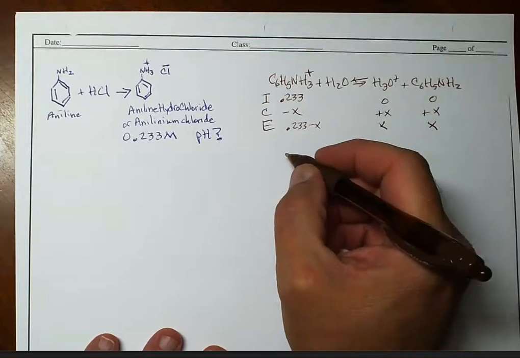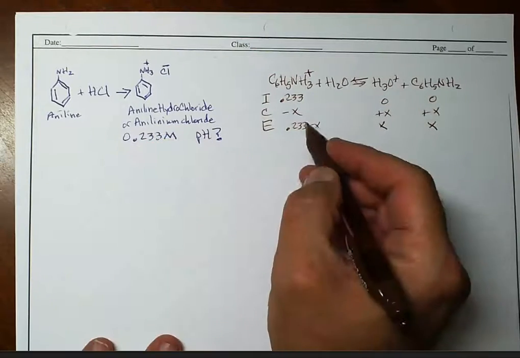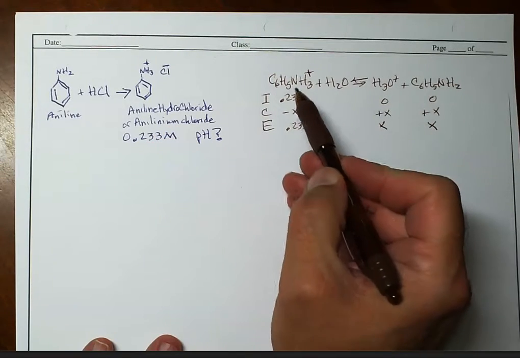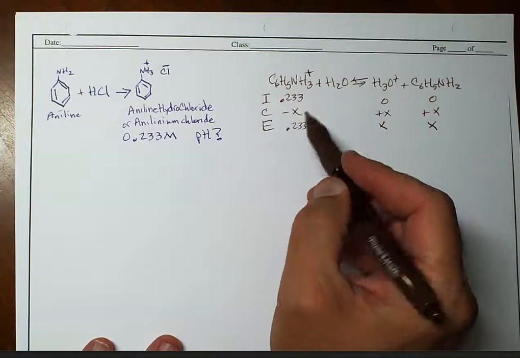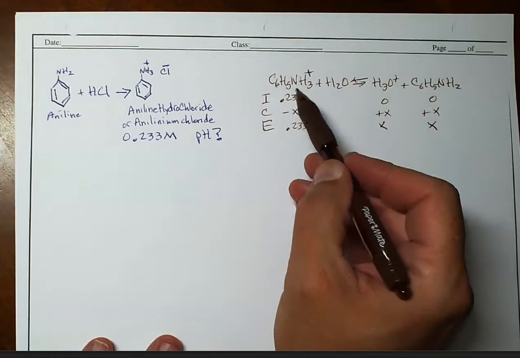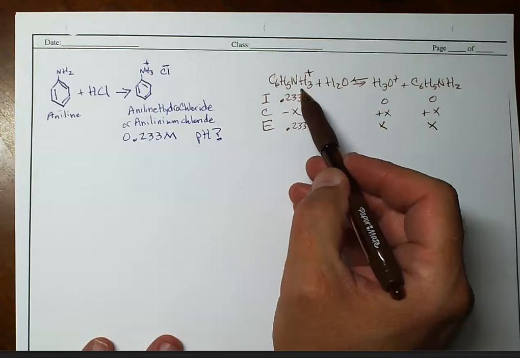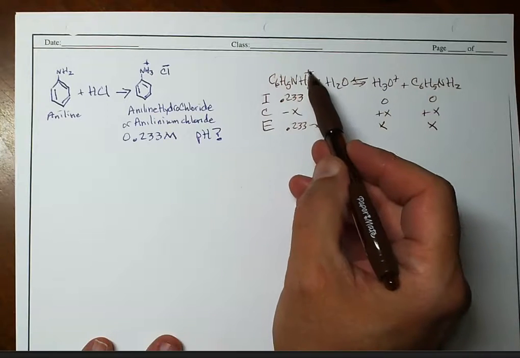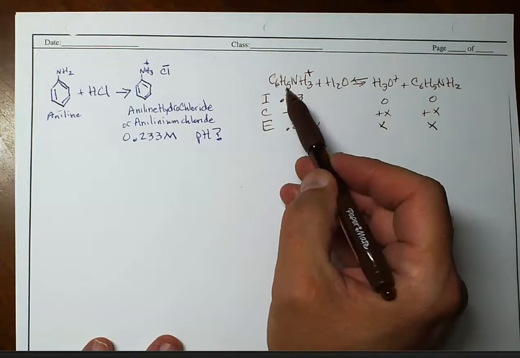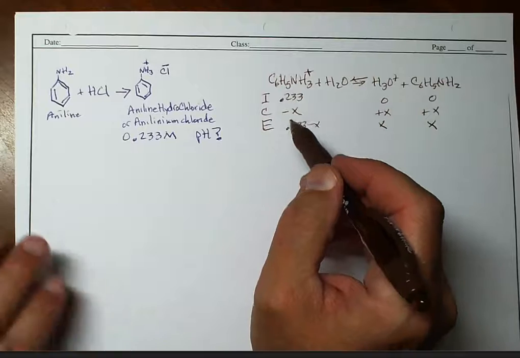Now what we need is the Ka for anilinium. The problem is, because this is a conjugate of a base, we're not going to find Ka for this in any of the tables.